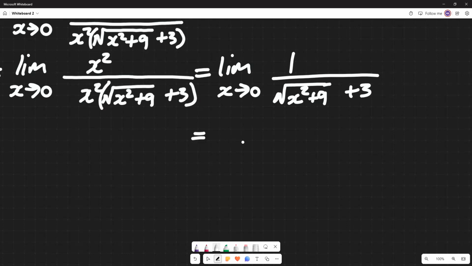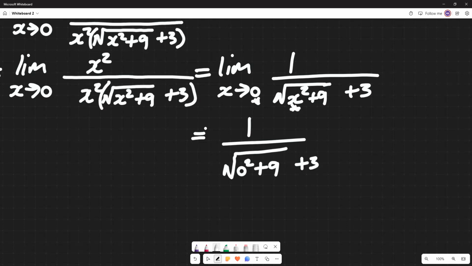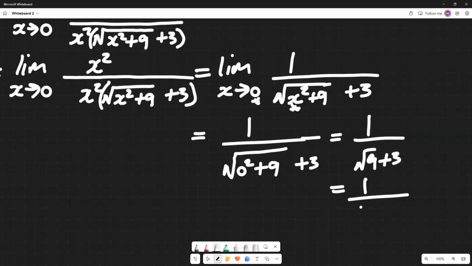Basically I'm having 1 over the square root of 0 squared plus 9 plus 3. Take this 0, you substitute there on x, which becomes 1 over square root of 9 plus 3. We all know that square root of 9 is 3, so 3 plus 3 gives us 1 over 6. And that is the answer for this limit.